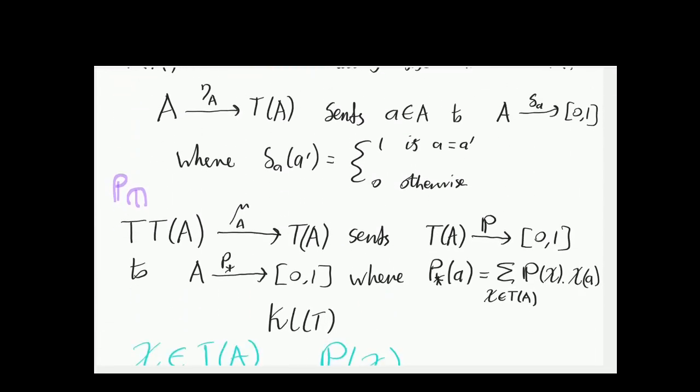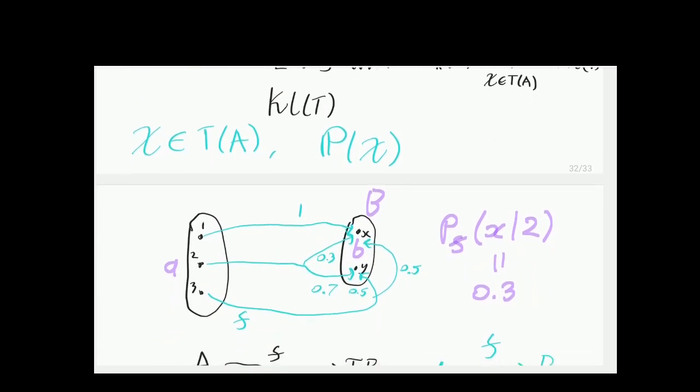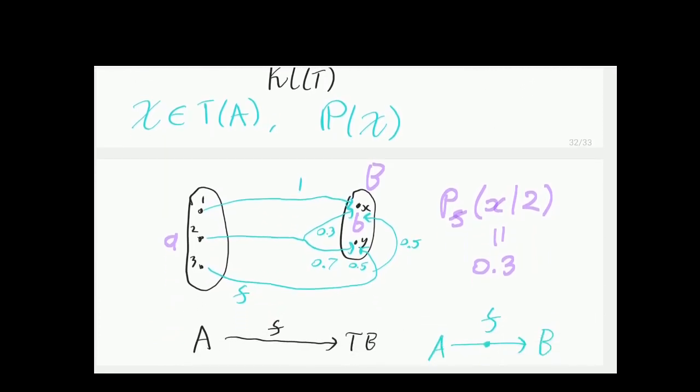So let's think a little bit about the Kleisli category of this monad T. What does it look like? Well, as usual, an arrow F from A to B in such a Kleisli category corresponds to an arrow, or in this case a function, F from A to T of B. So that means it's going to be sending elements of the set A to finitely supported probability distributions over the set B. And so here's an example.